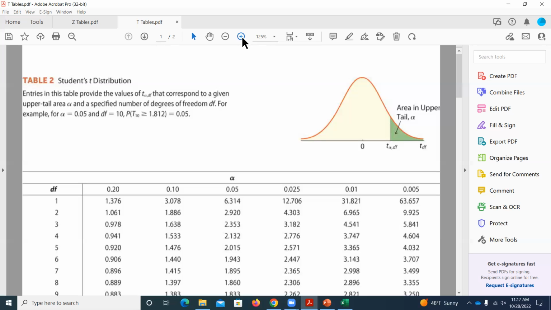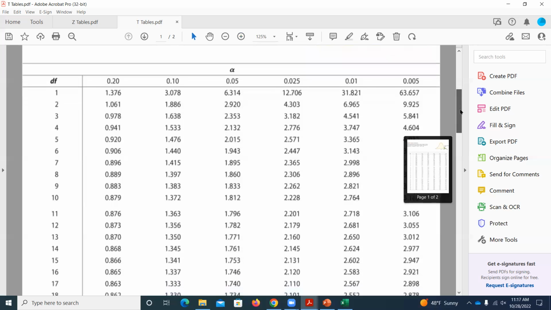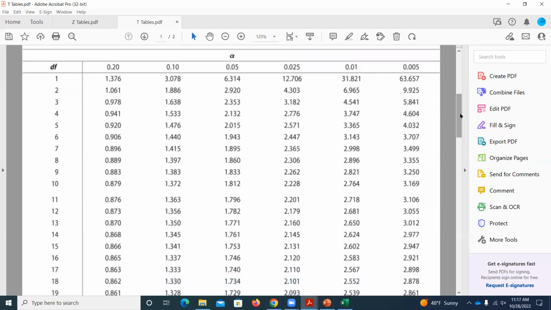Just like we're using the standard normal. The standard normal distribution was matching up these z values with their corresponding areas in the left tail. This is going to be matching up t values with their corresponding value in the right tail.